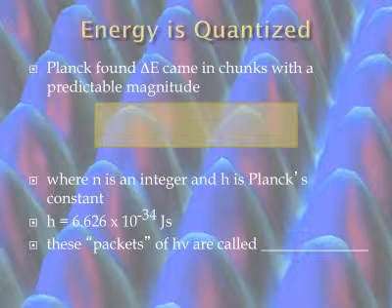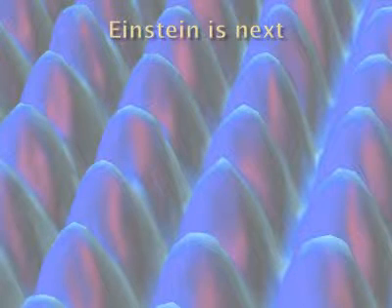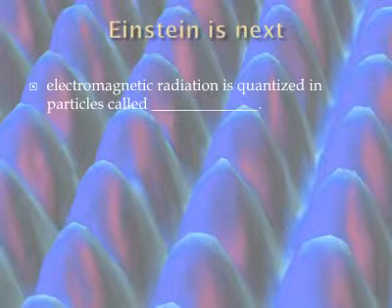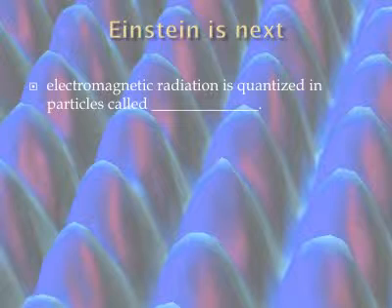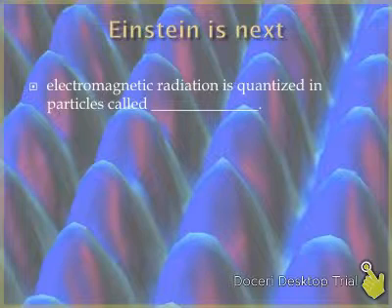Okay, so more specifically, I said usually it's in the form of light, correct? So let's talk about light a little bit. Einstein is the one who actually came up with the idea of light quanta, which we give a different term. So electromagnetic radiation is quantized in particles called, does anybody remember what light quanta is called?